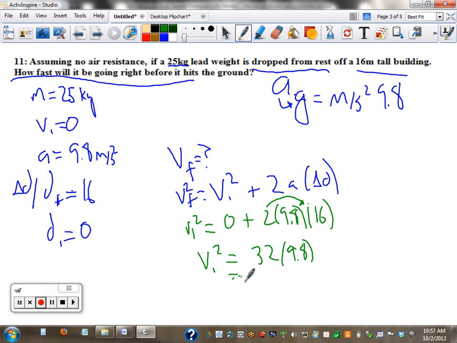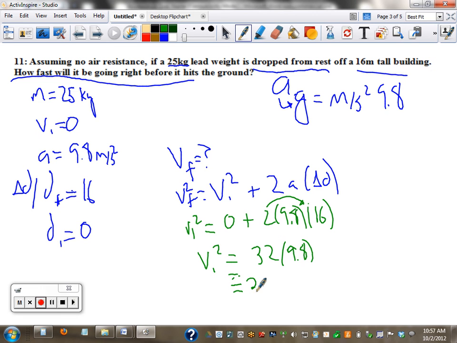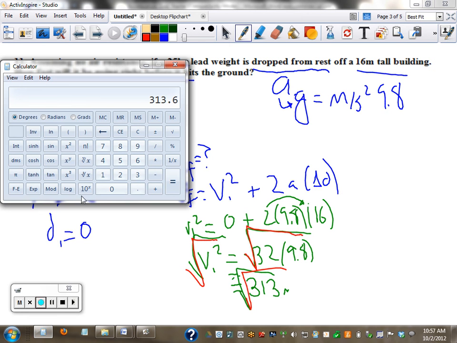Let me get the calculator out. 32 times 9.8 equals 313, and the last step is to square root it because it's all of this squared. This is a common mistake, just leaving it as velocity squared instead of taking the square root of your answer. So back to the calculator. 313 square root, where is it? There it is. 17.7.